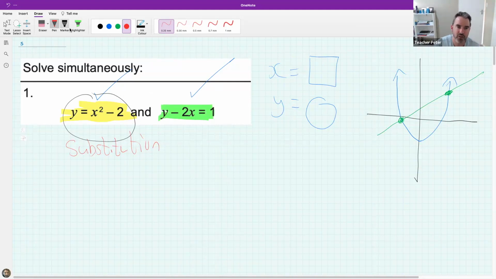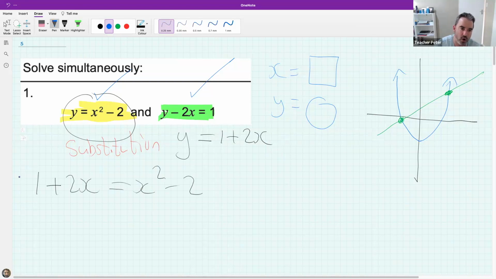I would work first with the green one, and I'd make y the subject of the formula, and I'd go y equals 1 plus 2x. And then I would take that, and I would sub that one into the yellow one. The reason I do it is that if I do that, so 1 plus 2x is y, I can then have an equation which only has one variable.